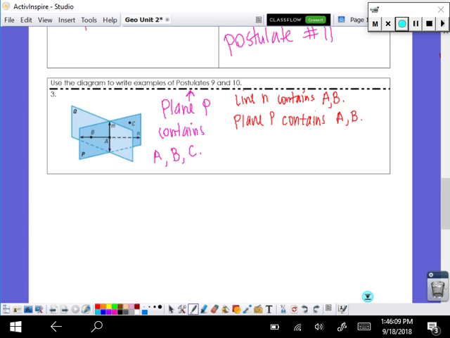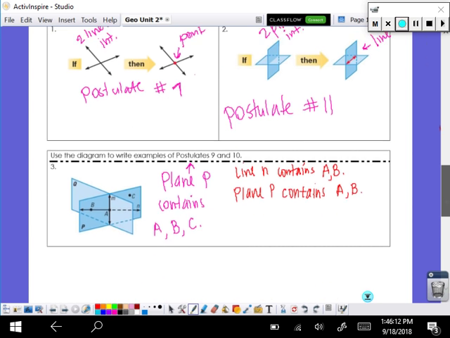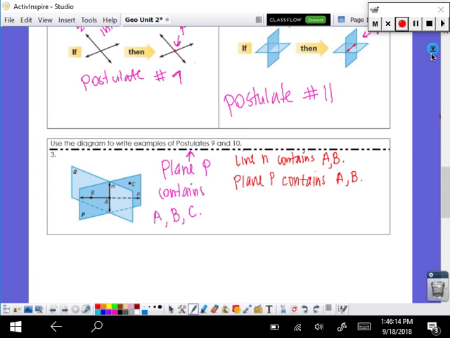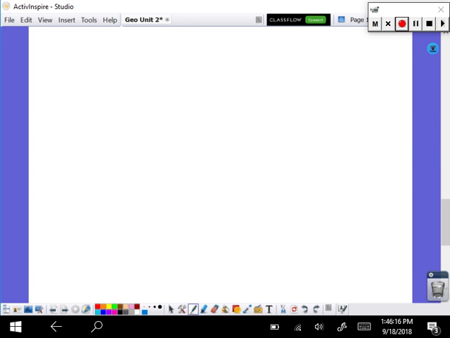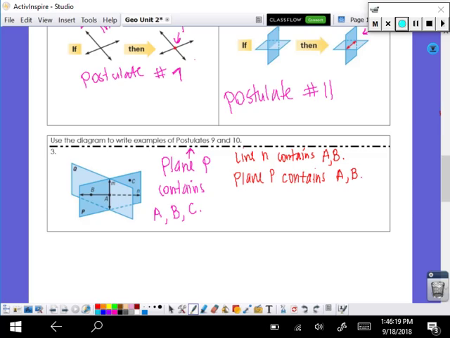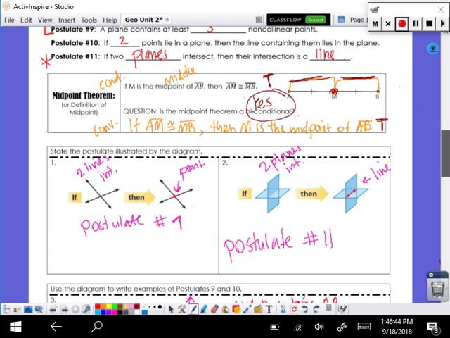Oh no. Sorry, I'm going to make y'all seasick. I think I hit that button. Oh my goodness. Sorry, regroup: line N contains A and B, plane P contains A and B, so therefore plane P contains line N. Perfect. Those are some examples.